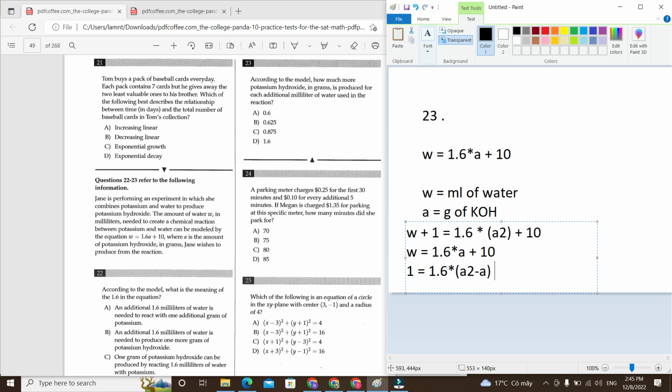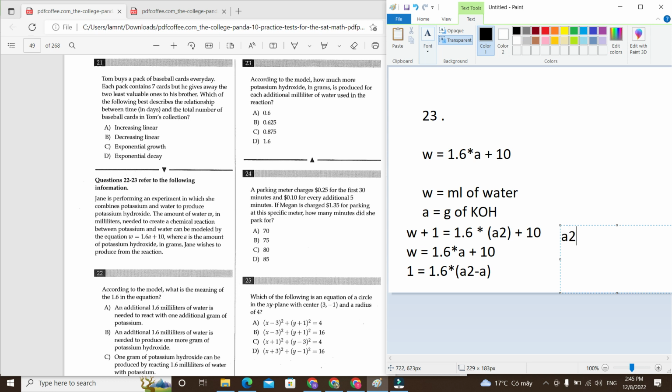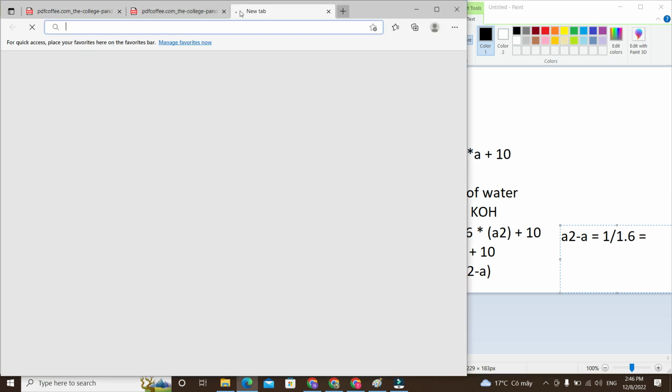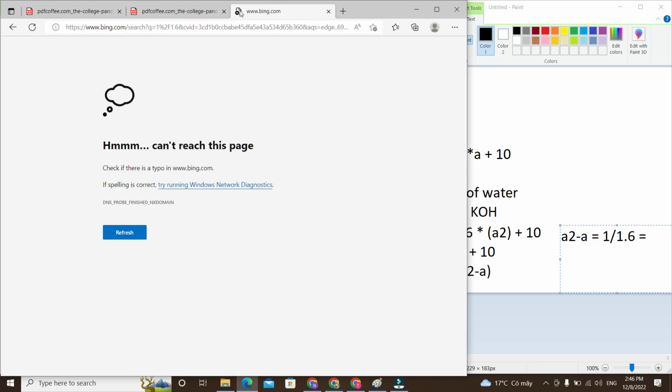So they ask us for how much more, and the how much more is actually A2 minus A. So they ask us to find A2 minus A. That's just 1 over 1.6. Let's calculate 1 over 1.6.